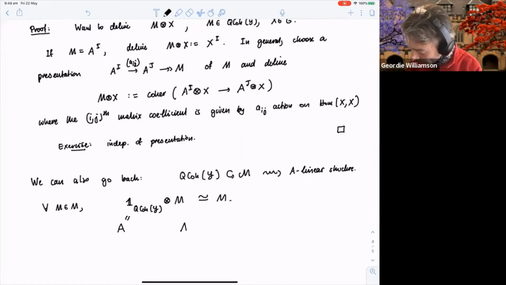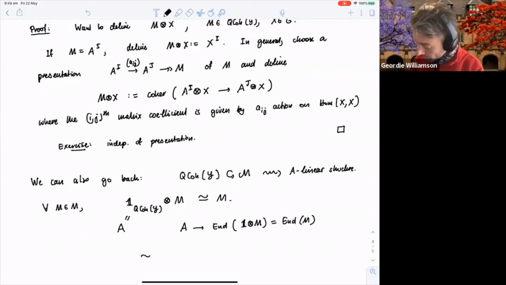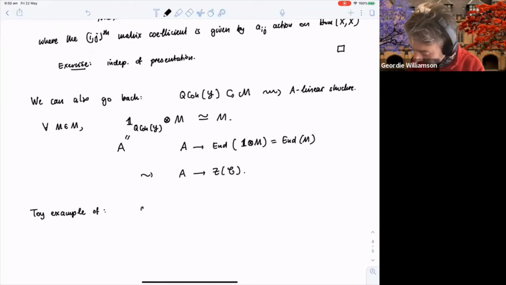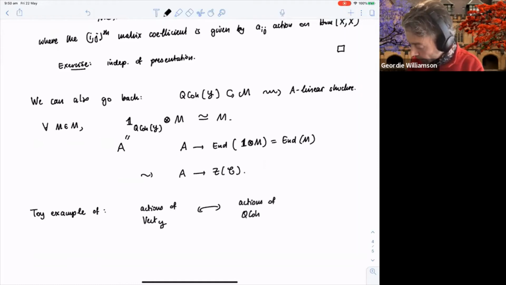And so we get a map from A to the endomorphisms of 1 tensor M, which is the endomorphisms of M. And this gives us a map from A to the center of C. And this is a kind of a toy example of passing between actions of vector bundles on Y and actions of quasi-coherent sheaves on Y. And for certain constructions, it's really important to have an action of quasi-coherent sheaves rather than just coherent sheaves or something like that.